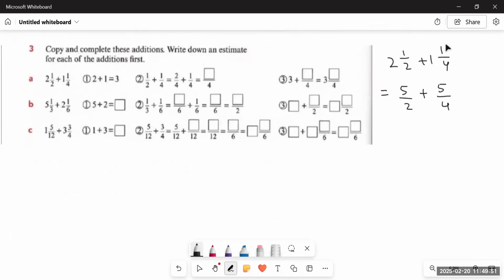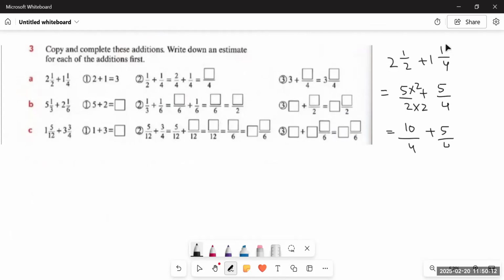Okay, but since the denominators are different, we will make the denominators the same. We will see if one of the numbers is a factor of another. So we will find its cofactor and make it the other denominator. If we multiply 2 by 2, it will become the same as the other denominator, that is 4. That is 10 upon 4 plus 5 upon 4.